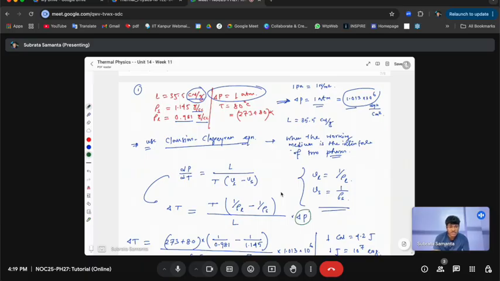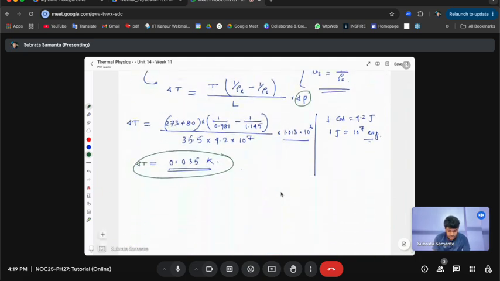If you use CGS units, use CGS units throughout; if you use SI units, change every quantity accordingly. Ultimately the result is the same, whatever your system of units. So this delta T is 0.035 Kelvin.